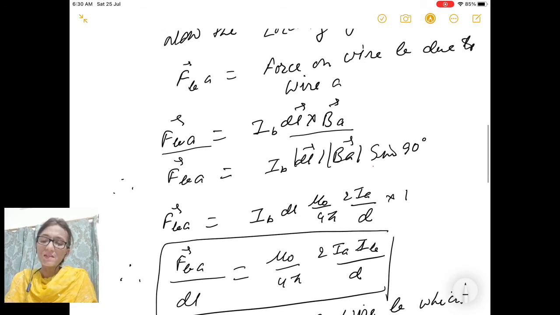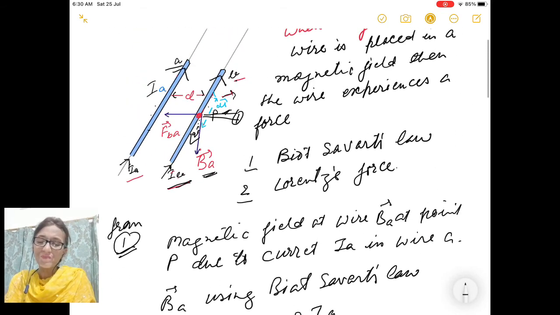So we observe that when the current is flowing in the same direction, then the force is attractive. Similarly, you will find that when the current is flowing in opposite directions, the force will be repulsive.